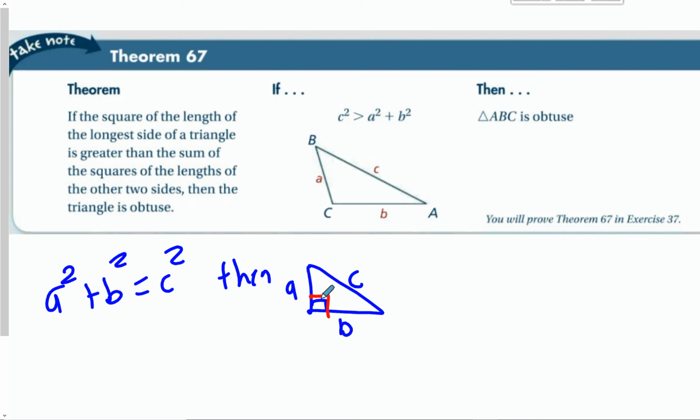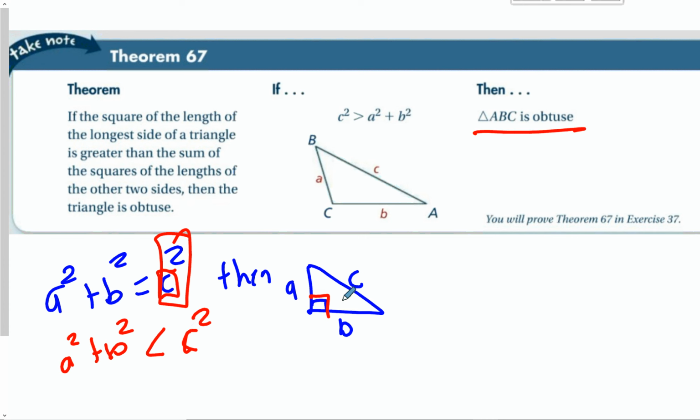Well, what if we don't? What if c squared, this number, is actually bigger than the two smaller ones squared? If the bigger side squared is bigger than the sum of the two smaller sides squared, then the whole triangle would be obtuse.